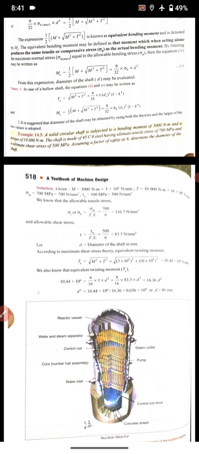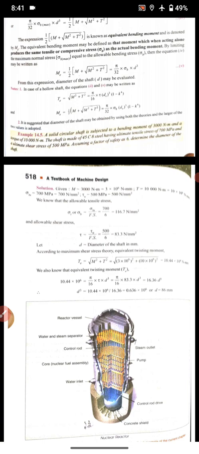The shaft is made of 45C8 steel having ultimate tensile stress of 700 MPa and an ultimate shear stress of 500 MPa. Assume a factor of safety of 6. Determine the diameter of the shaft.